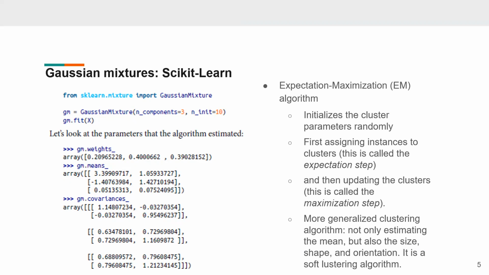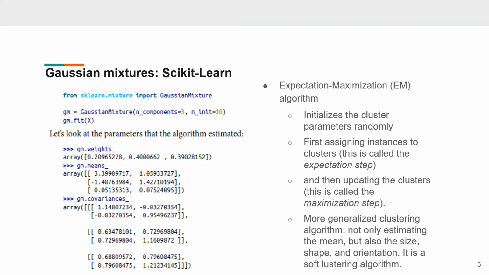It doesn't mean it would go to a specific cluster 100%. It assigns with a certain probability. That is a difference from k-means. It is a soft clustering with a probability attached to assigning a point to all the different clusters.